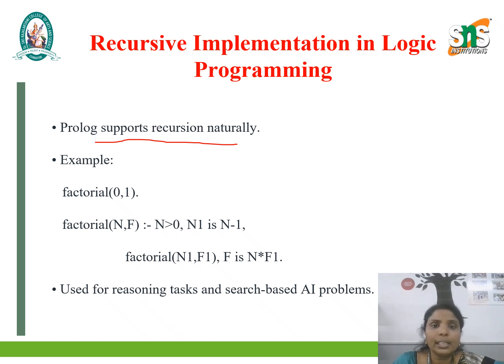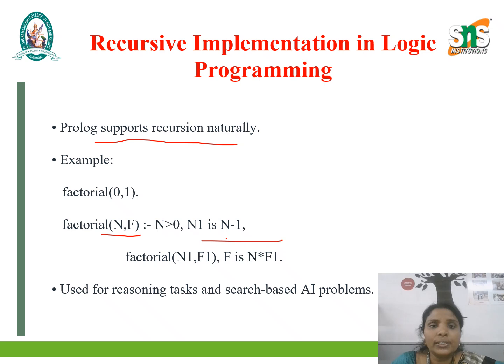Let's look at the example of finding a factorial. factorial(0, 1). factorial(N, F) :- N > 0, N1 is N - 1, factorial(N1, F1), F is N * F1. The first line is the base case, which says that the factorial of 0 is 1.